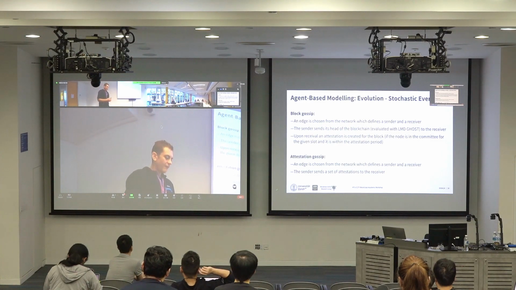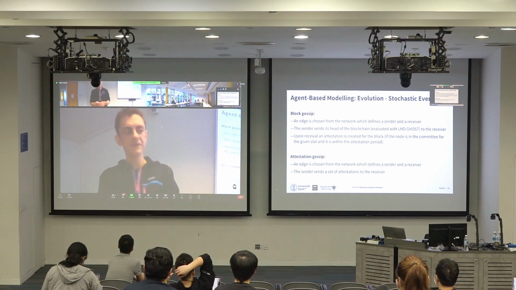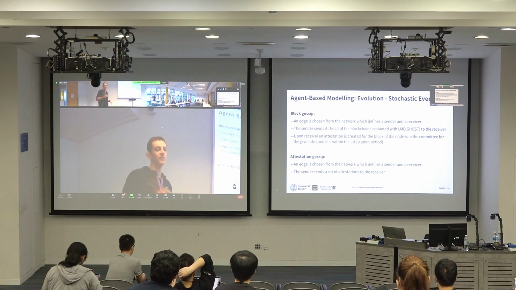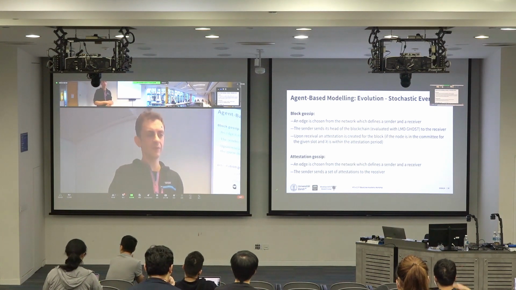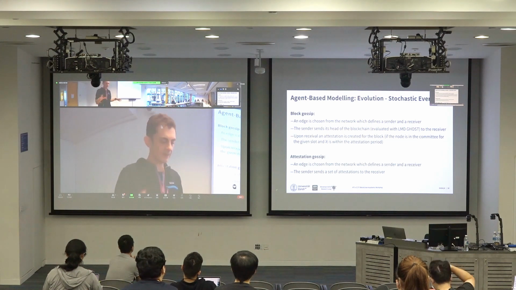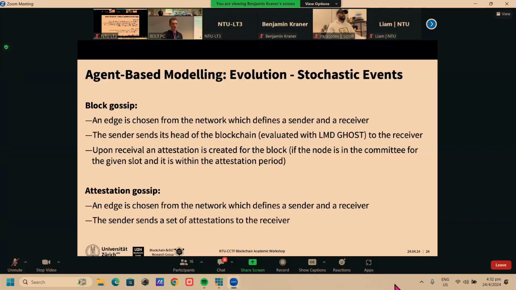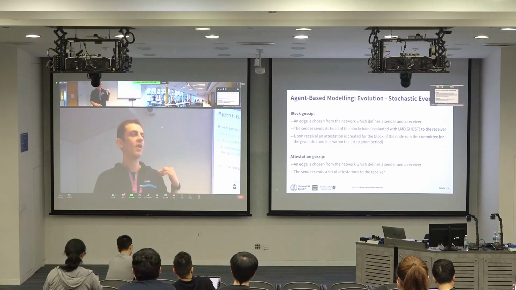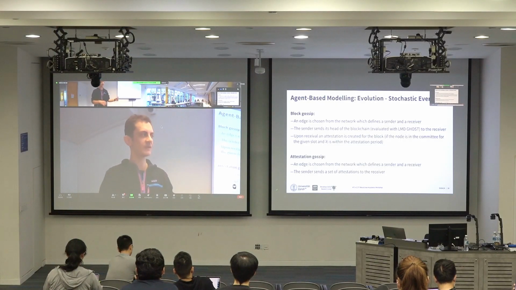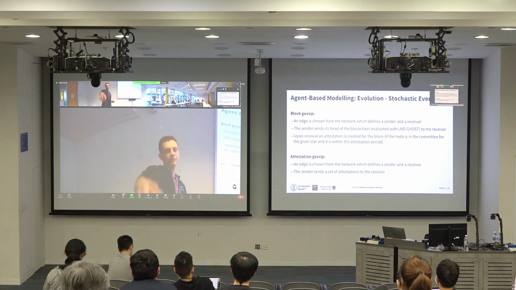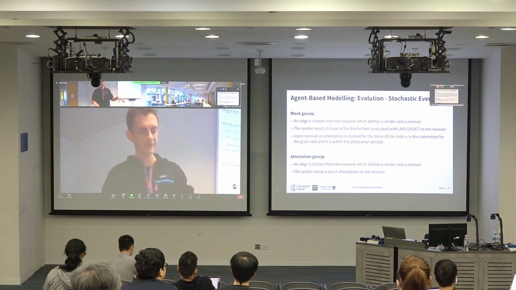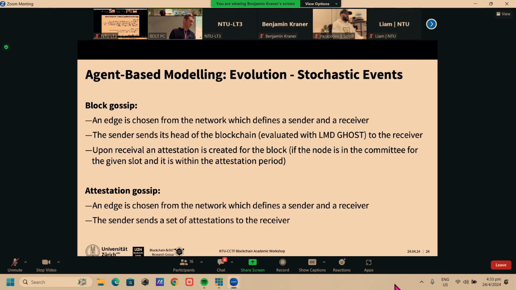Whenever a block gossip happens, we choose an edge from the network, and this defines the sender and the receiver. The sender simply sends its head of the blockchain to the other. Everything here is always evaluated with LMD Ghost, which is important. You have this set of blocks, validators always run LMD Ghost, and they decide, okay, this is the head of the blockchain, and I want to send it to the other node.